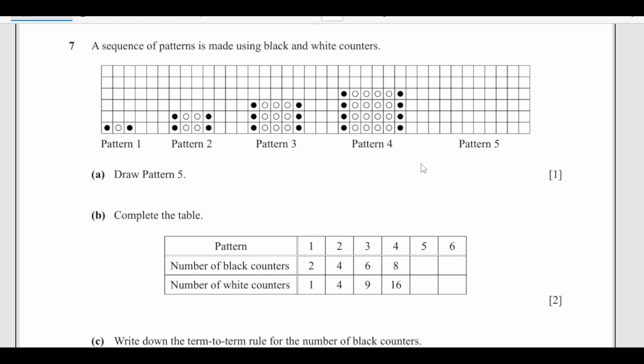So I am taking 1, 2, 3, 4. They are equal now. So one more, 5. Then the white circles are also 1, 2, 3, 4, 5. This way they were 4, now they are 5, here they are 6, now they are going to be 7.